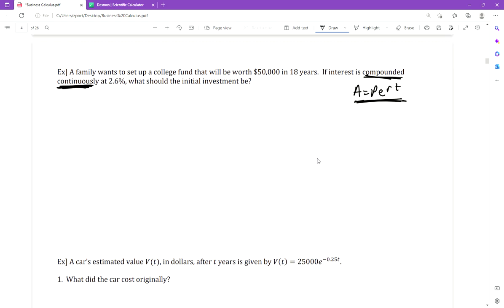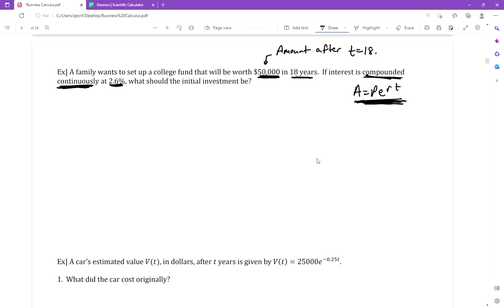It says a family wants to set up a college fund that will be worth $50,000 in 18 years. So that's an amount after time has passed, the amount after t equals 18. If interest is compounded continuously at 2.6%, they often use k in these problems, I'm going to use r though, and I'm just going to use this style formula and point out what those are.